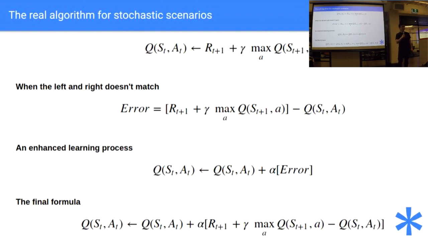The question was, if we start with everything at 0, and we find out the next action value is actually 1, do we end up with a -1?